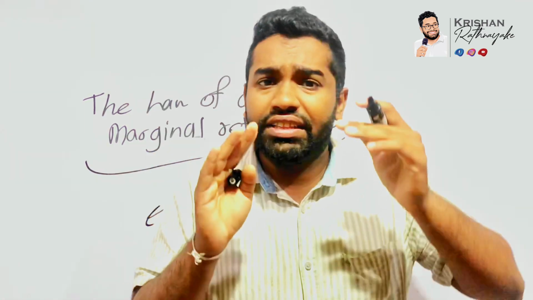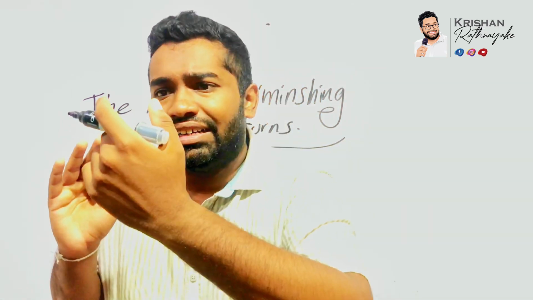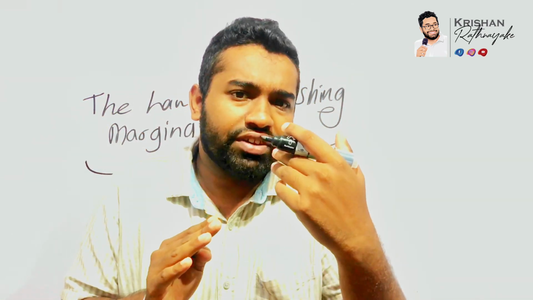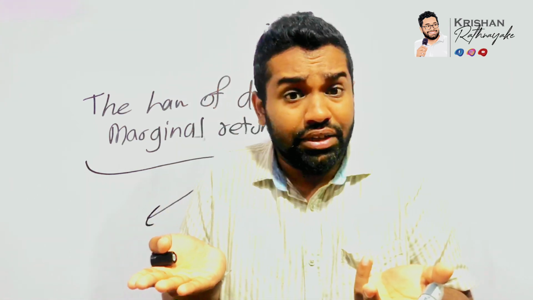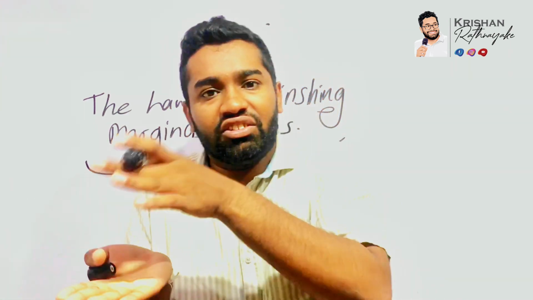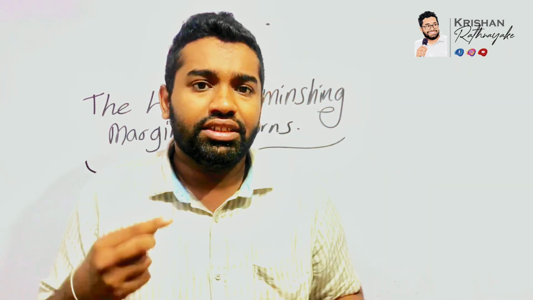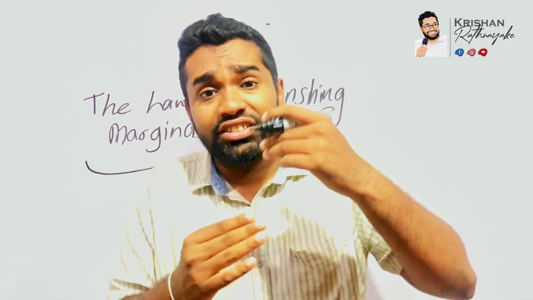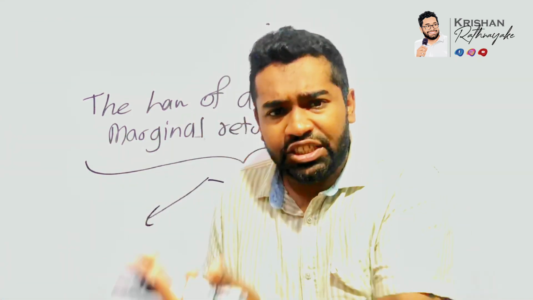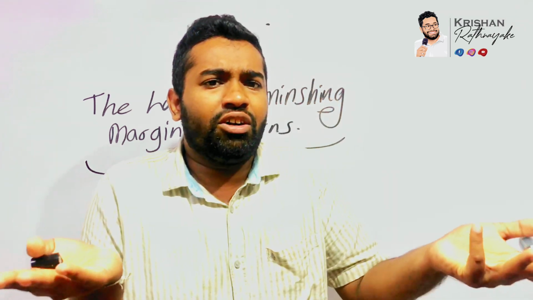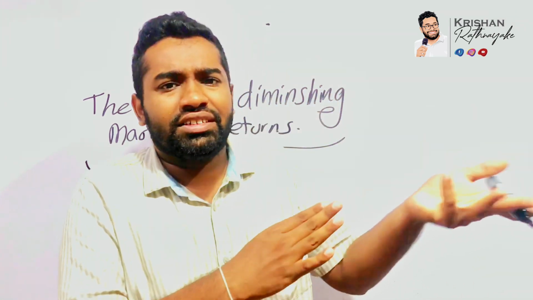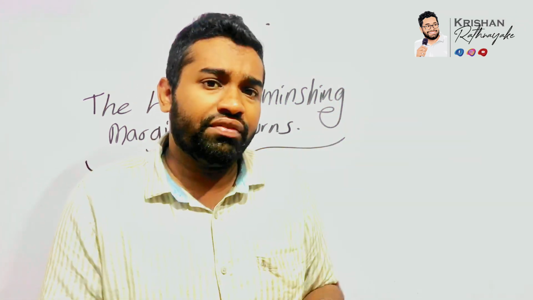Then we can identify the difference between short run fixed factors and short run variable factors. As an example, buildings and technology can be taken under the fixed factors. Then raw materials, workers, and the other factors we can include in the variable factors.